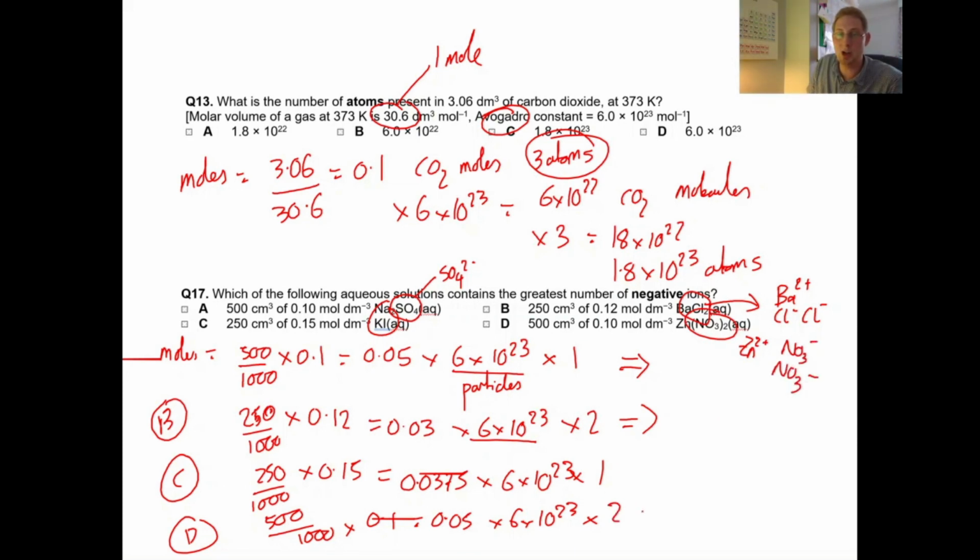So there's 2 ions. Now the key thing here, and the reason you can do it in a minute, is by realising that in every case you are dividing by 1,000. So let's not do that. In every case you would be multiplying by Avogadro's number. We're just asked for the greatest number of negative ions, so let's not do that.